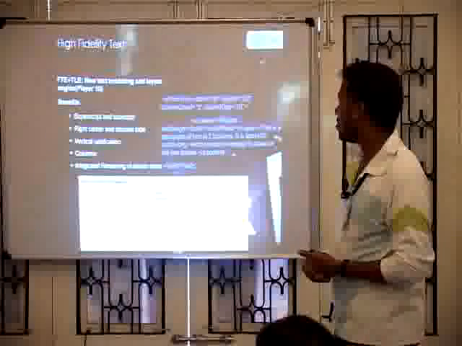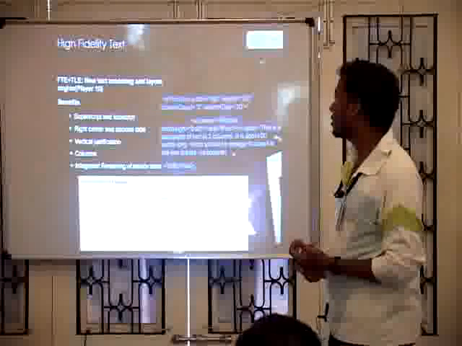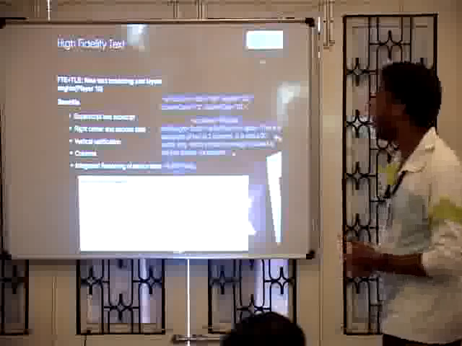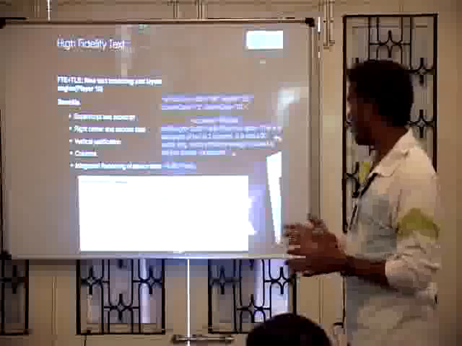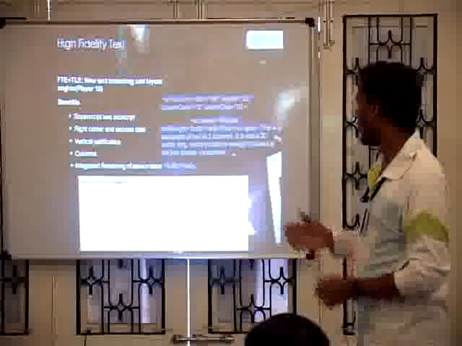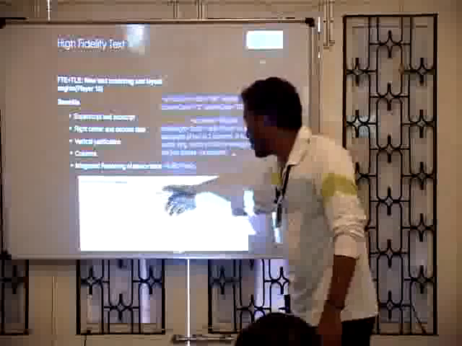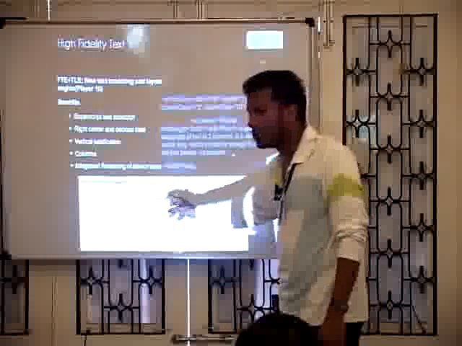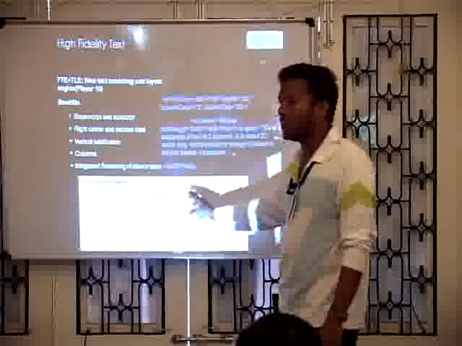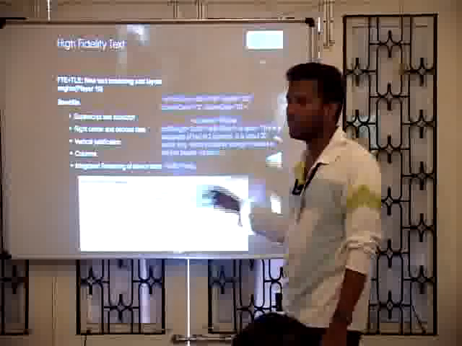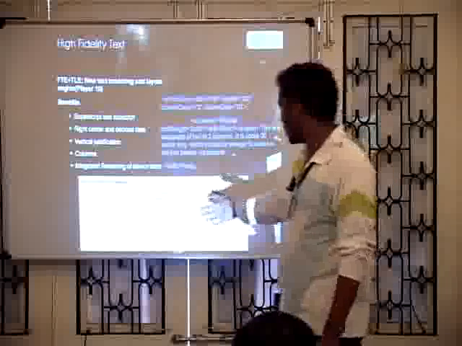Next. High fidelity text. In Flex4, the text feature is very rich, and we can use it. This is a single text field where we can use two columns. In Flex3, we can't use two columns within the text. This is a text field.